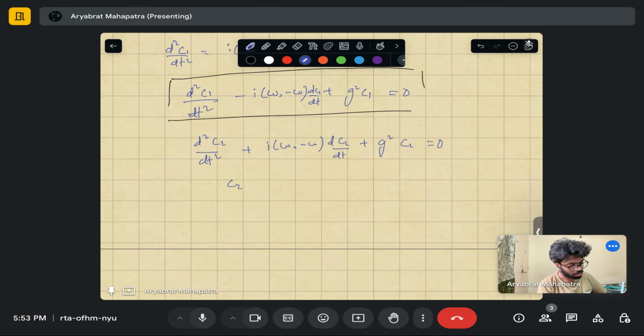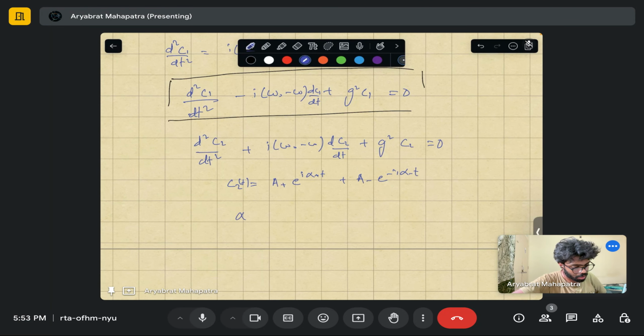So here the general form of C2 is something given as some constant a plus e to the power I alpha plus t plus a minus e to the power minus I alpha minus t. What is alpha plus and minus?